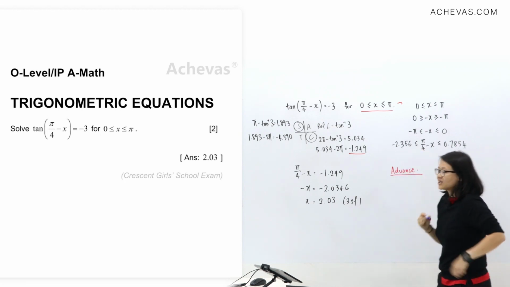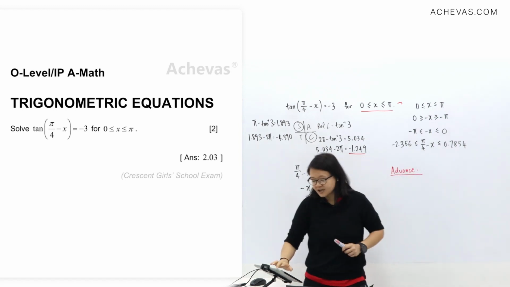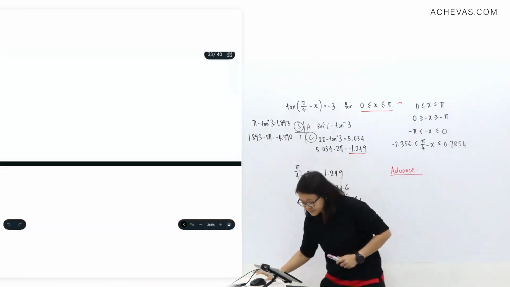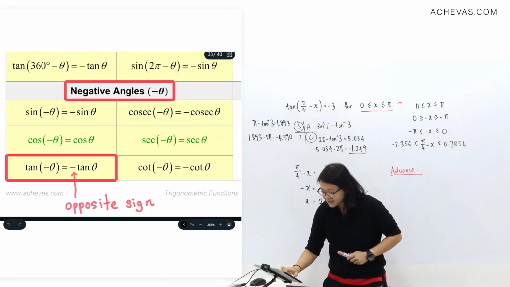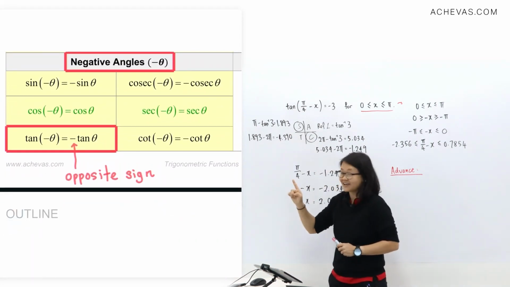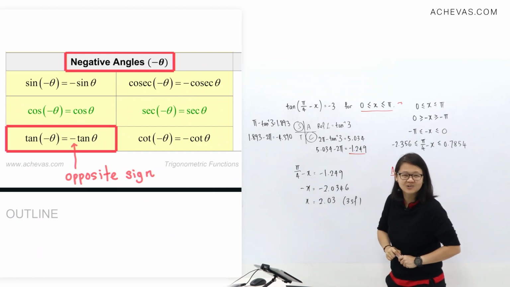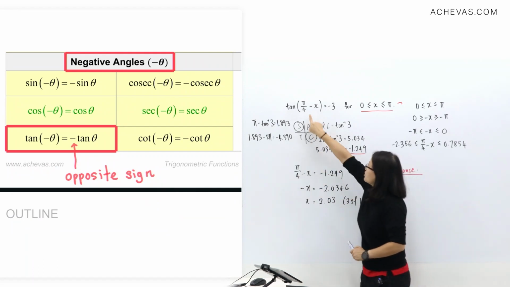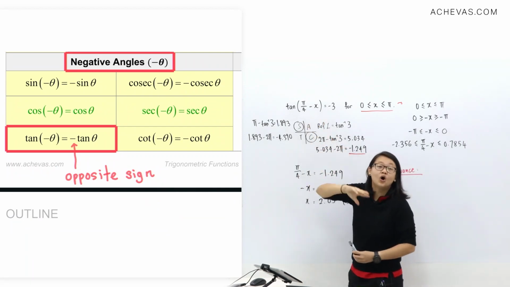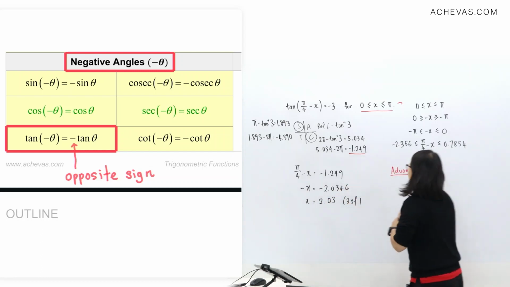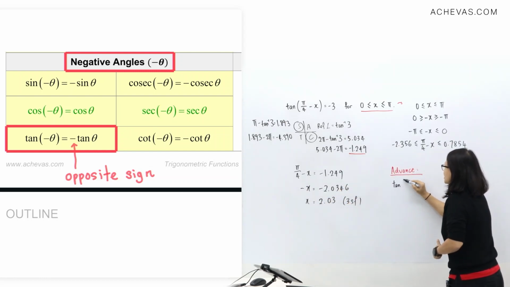You can tweak the question using negative angles. Now, let's take a look at how we can do that. We're going to change the angle inside to the opposite, or negative, angle. So I'm going to write tangent.